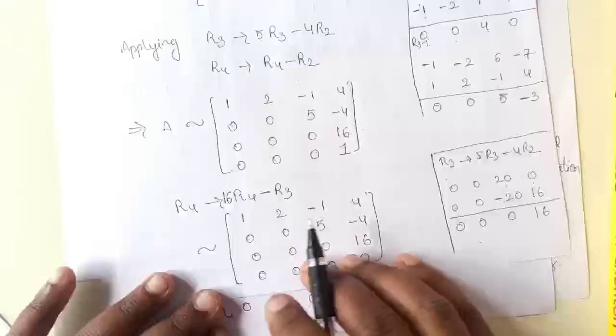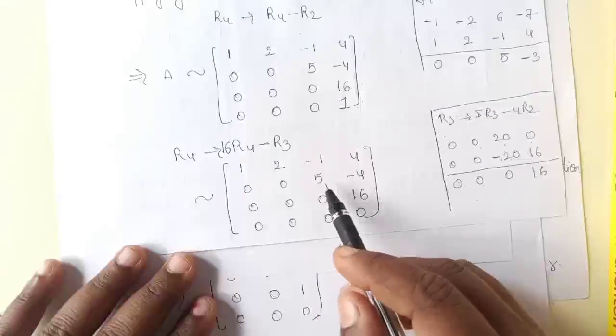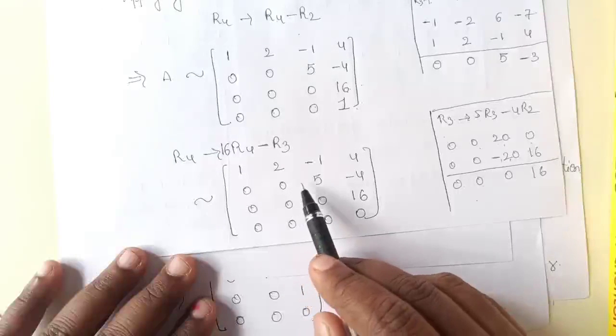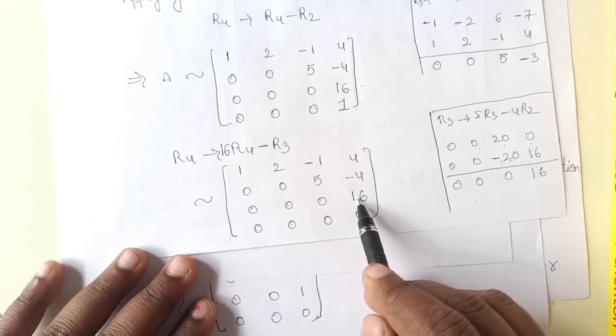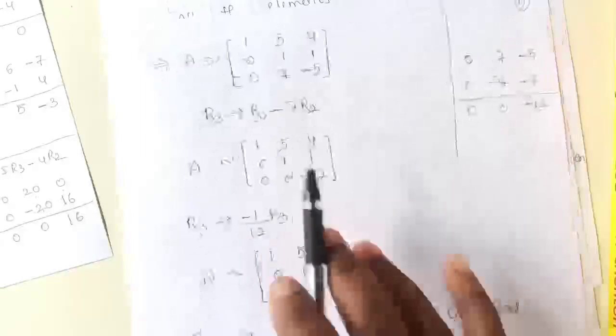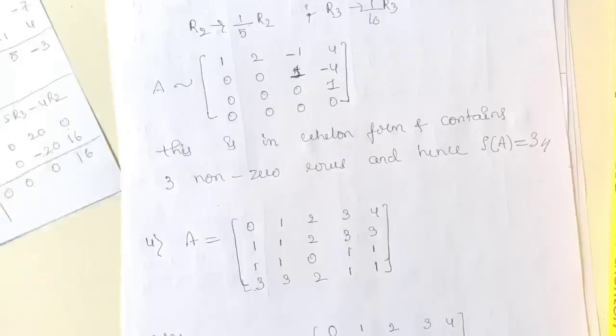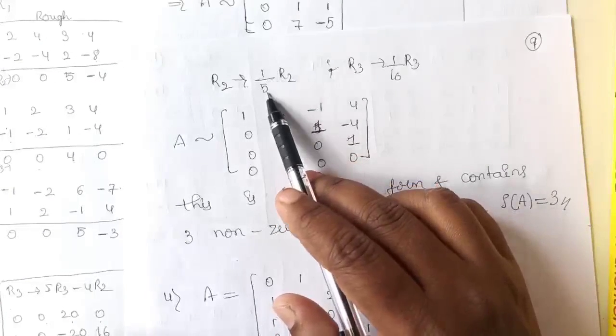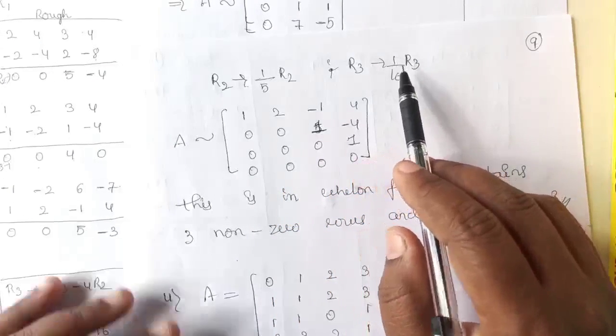Now we can easily make this 5 and 16 as 1 by multiplying R2 by 1 by 5 and R3 by 1 by 16.